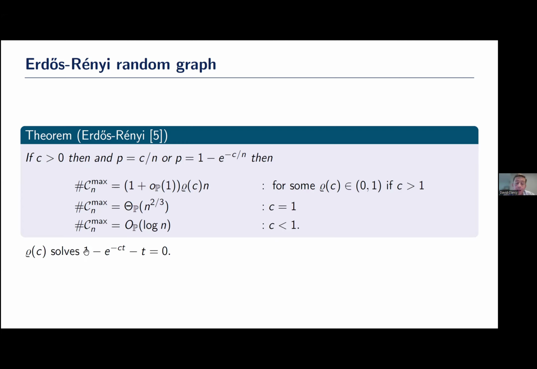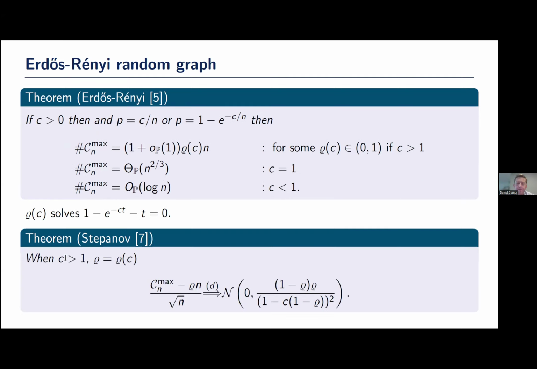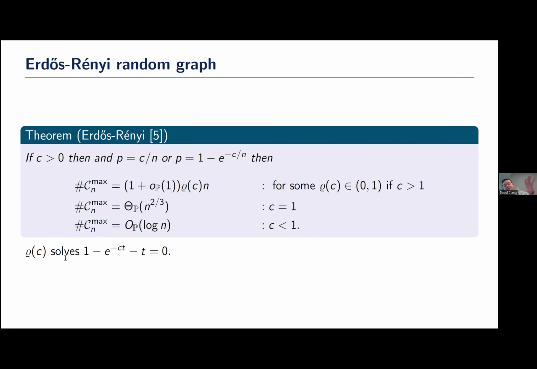It's the non-zero solution to 1 minus e to the minus ct minus t is equal to 0. Whenever c is bigger than 1, this is a concave function that has exactly two roots. 0 is always a root, and then rho of c is the other non-trivial root. And this first result is essentially the weak law of large numbers for the giant.